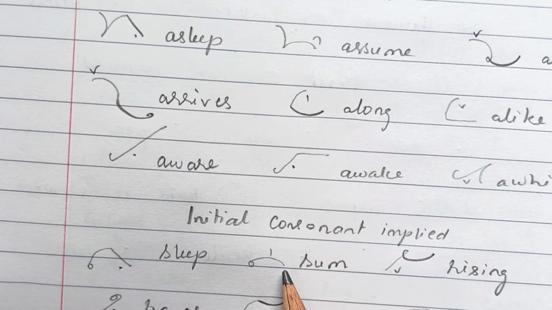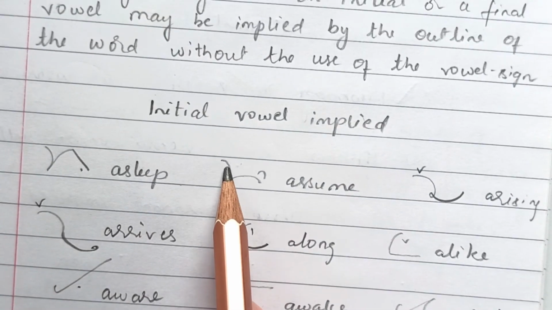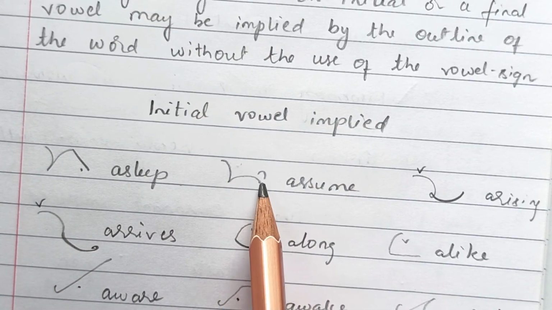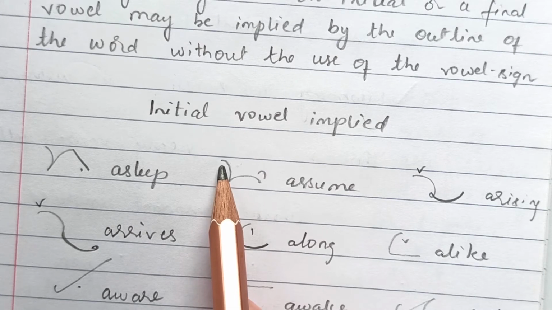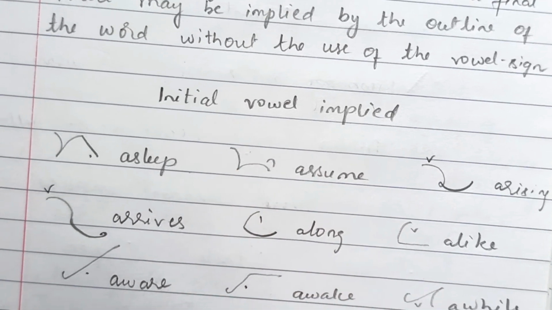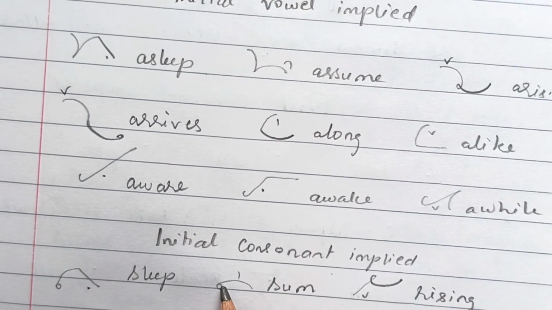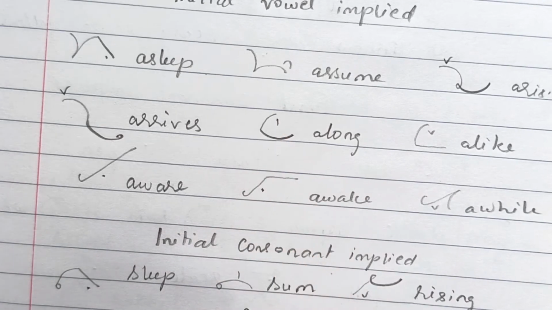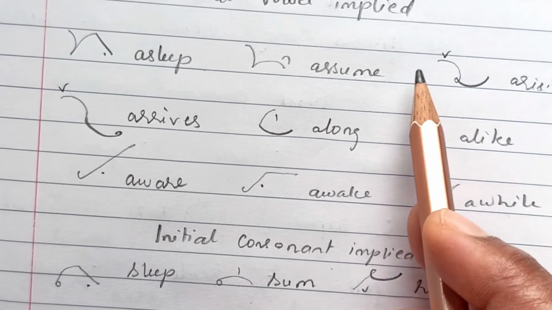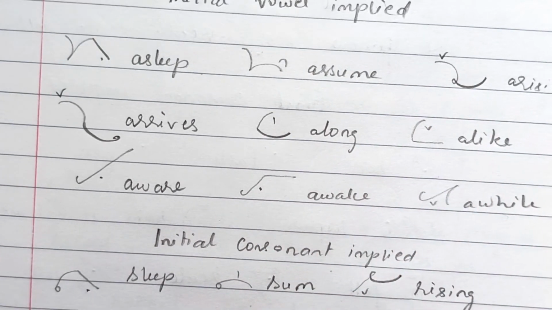Same way, some. Here we have circle S and M. We know that there is a vowel before the stroke S, and since there is no vowel, we are using this circle S. So assume, some. The same way, arising and rising.